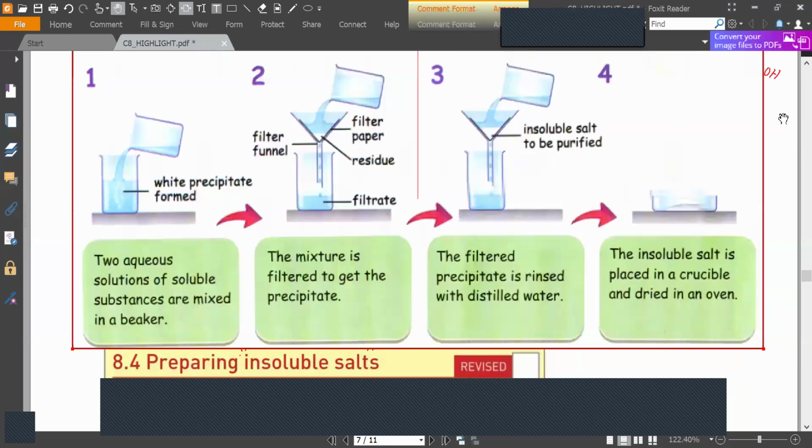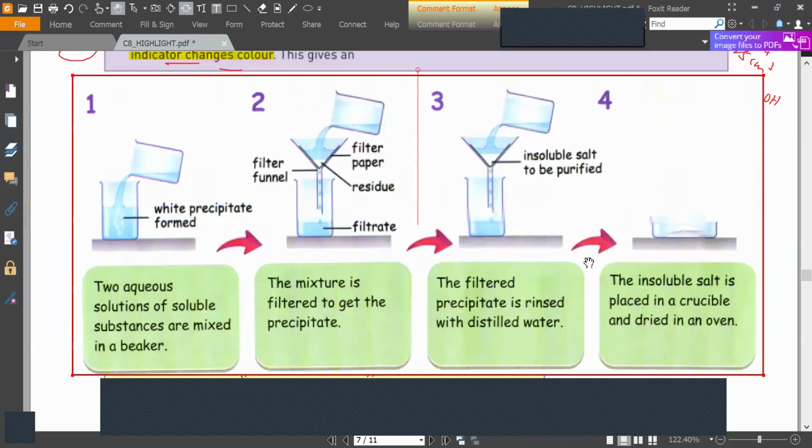The steps. So let's say we have lead nitrate and sodium sulfate.